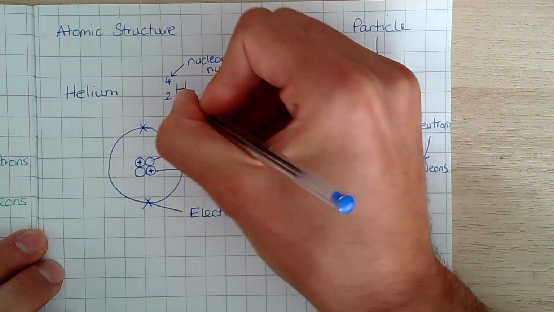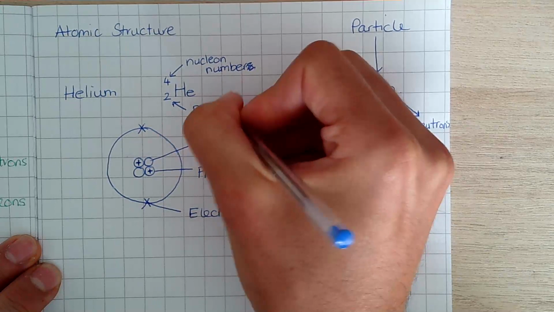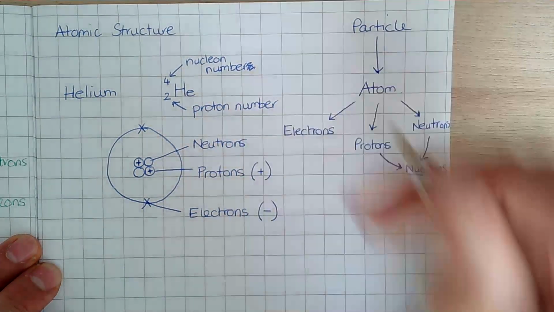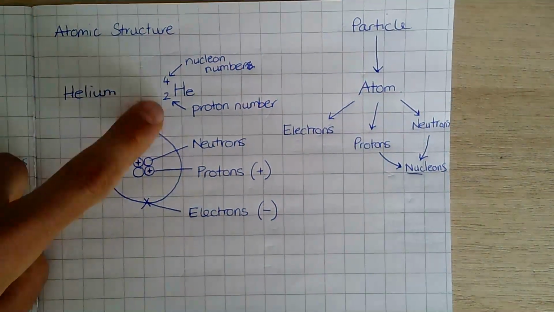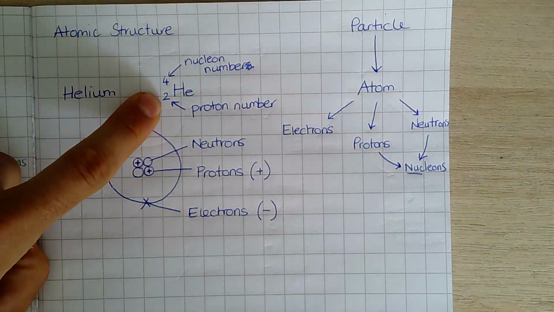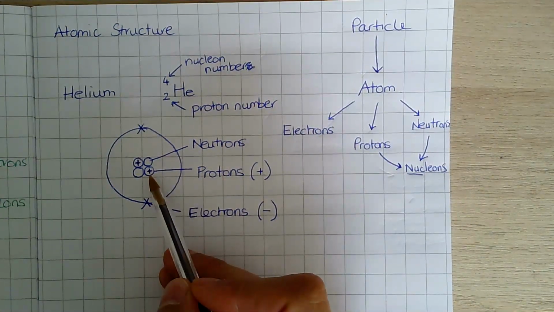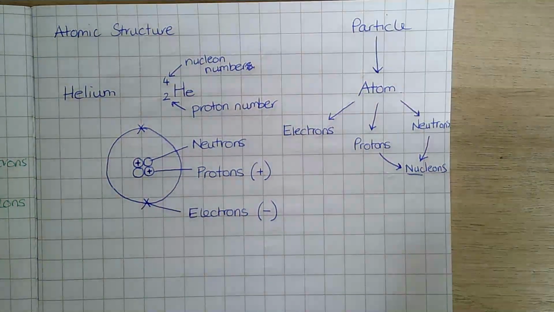2, which you would have heard as the atomic number, can also be called the proton number. The proton number means the number of protons inside the nucleus. The proton number here is 2 for this atom of helium. Therefore, the number of protons in this helium atom is 2, and that's the same there.